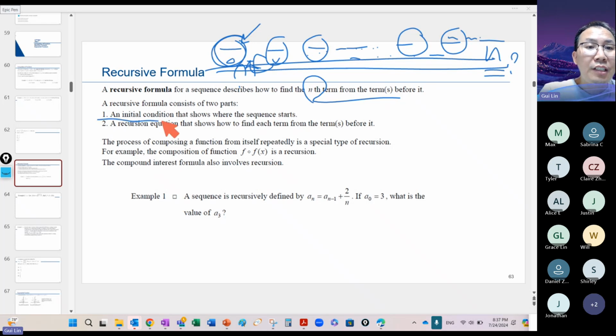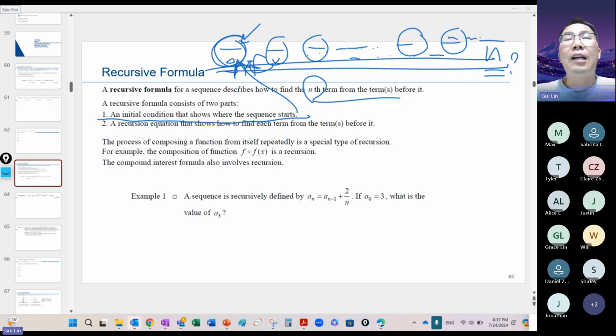Firstly is the initial condition that shows where the sequence starts, just like the first term.